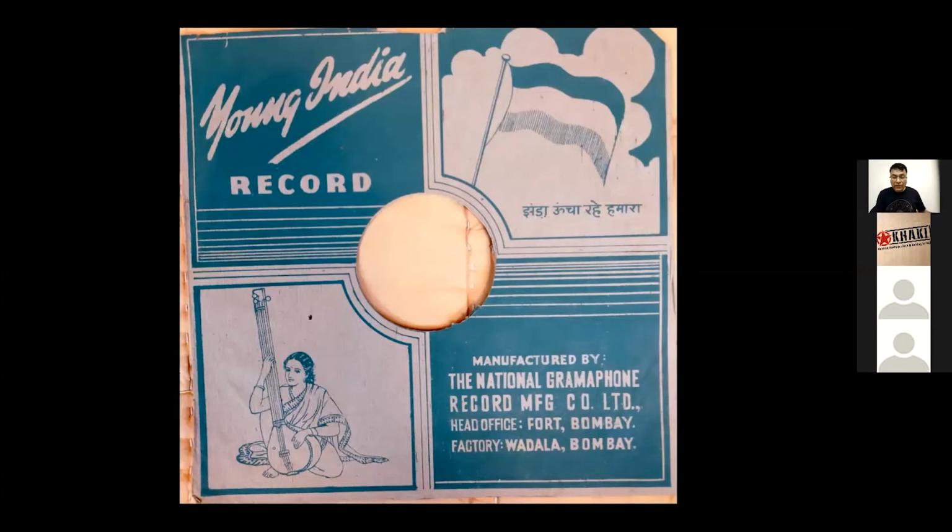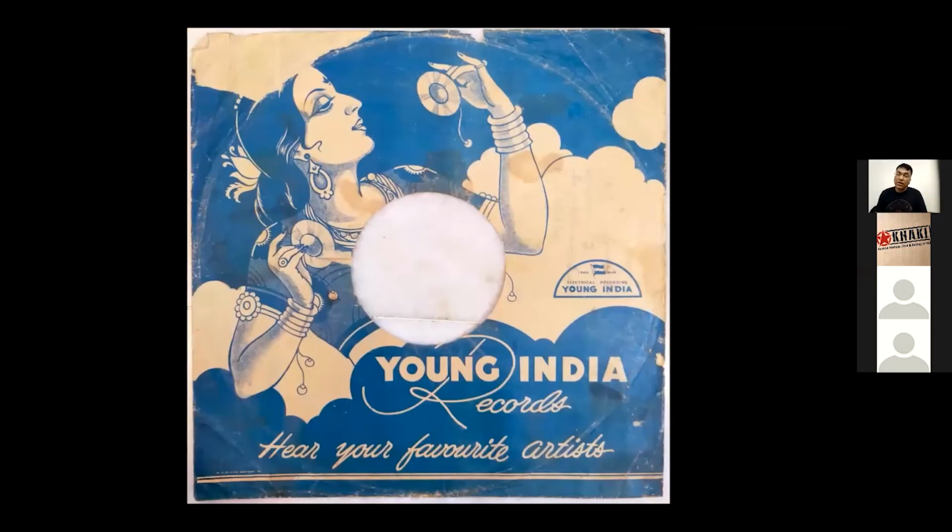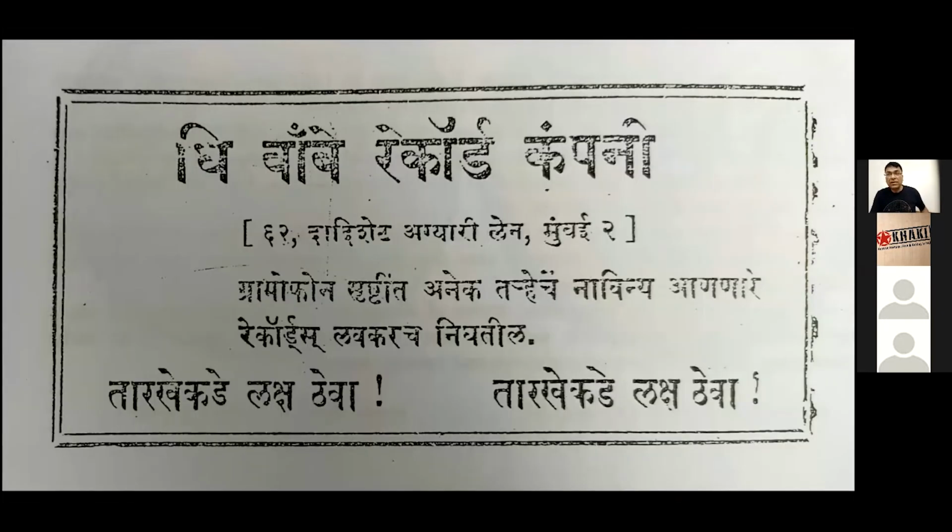Also, we had V. Shantaram, the great film director, on board of National Gramophone Company. Till then, National Gramophone Company was not pressing records for the Prabhat Company, of which Shantaram was a part. But we shall see what happens in the coming years.